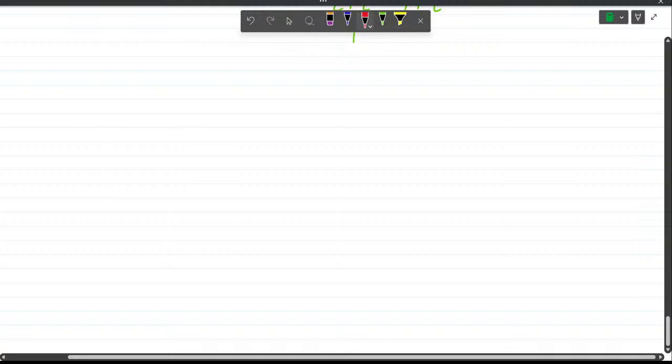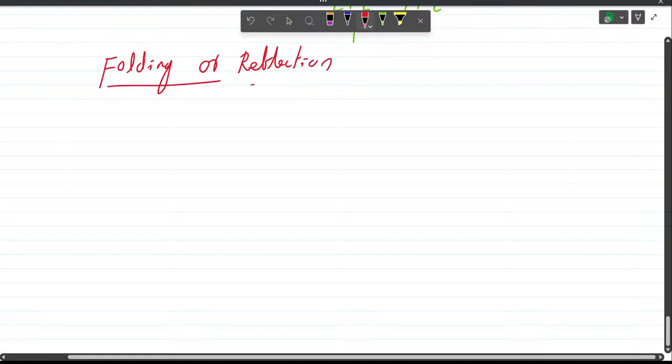So folding, folding or reflection. A lot of people are confused about this property. But if you remember one simple thing, you will never forget how to do the folding.